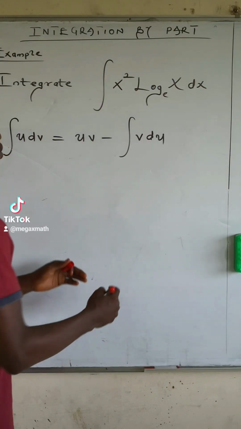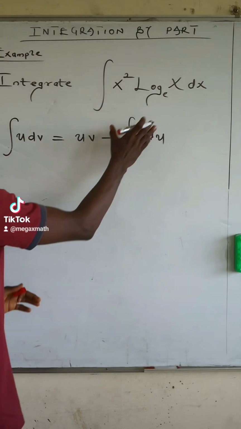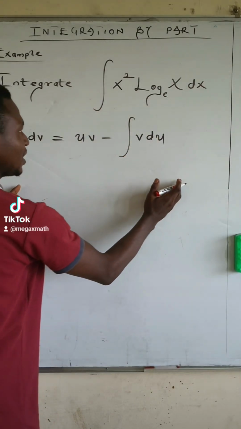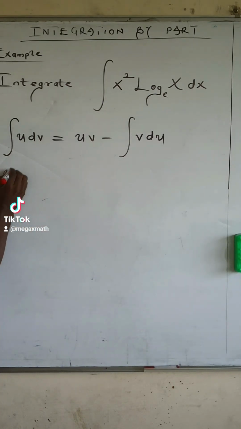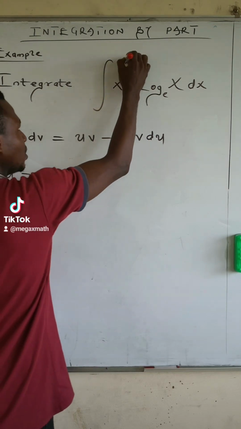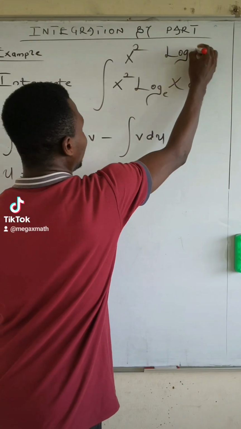Now the question is, what is our u and what is our dv? Out of this integrand, we are going to be picking our u and our dv. Our u has to be either the first function, x squared, or the second function, the logarithm of x to base e.